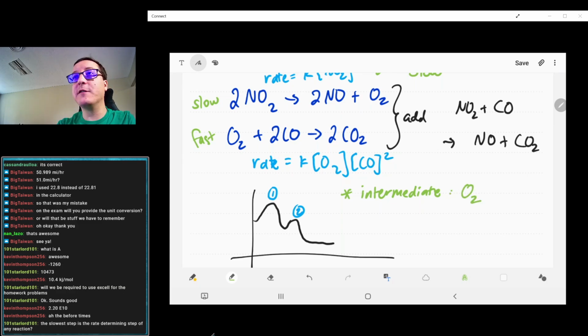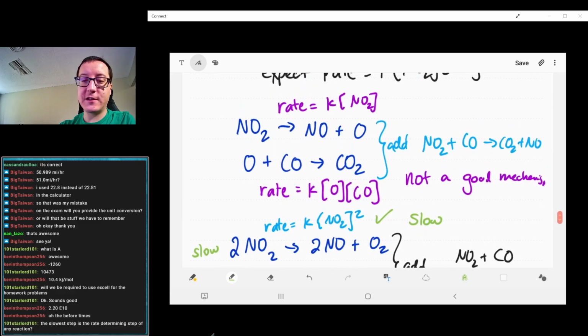We have that lovely dioxygen there. And so this is the whole point of doing all this stuff: we were able to rule out this first mechanism. We were able to say, well, it's not just nitrogen dioxide breaking into nitrogen monoxide and an oxygen atom.